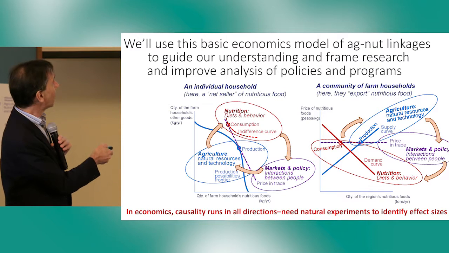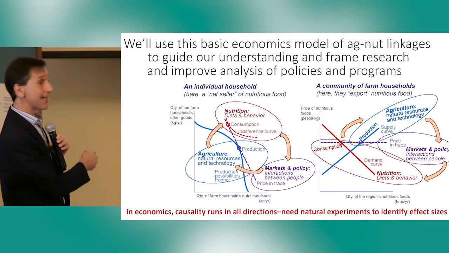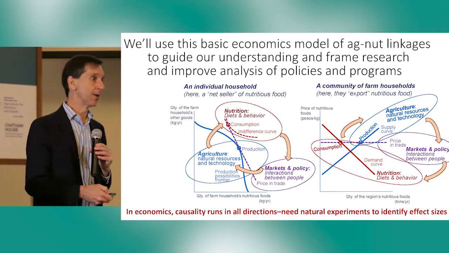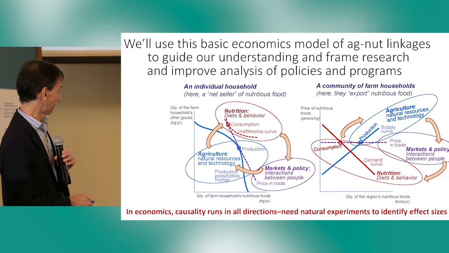And even the most remote communities would look like this, and the most remote individuals would look like this, at least some of the time during certain seasons or for certain foods, there would be separability.